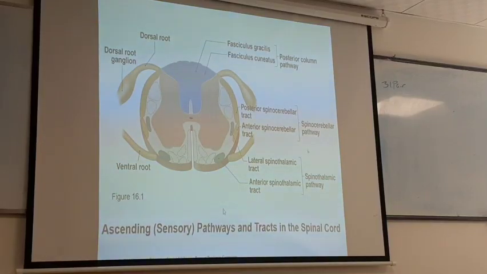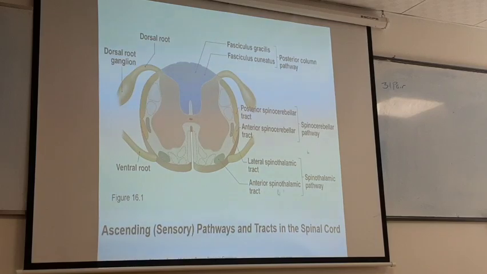We have two spinothalamic tracts: anterior spinothalamic and lateral spinothalamic. Anterior spinothalamic is for touch and pressure. Lateral spinothalamic, pain and temperature.